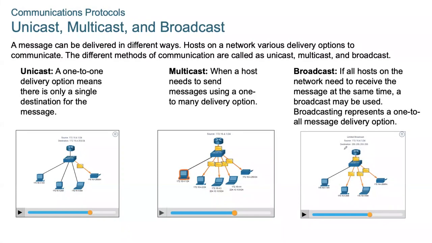That means any host in the network can deliver the message either one-to-one, one-to-many, or one-to-all. So these are the 3 different ways of communicating information: unicast, multicast, and broadcast.